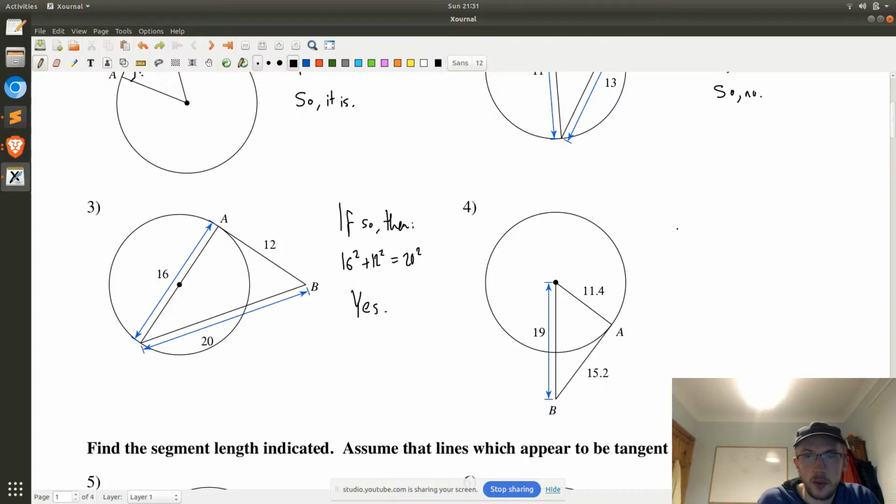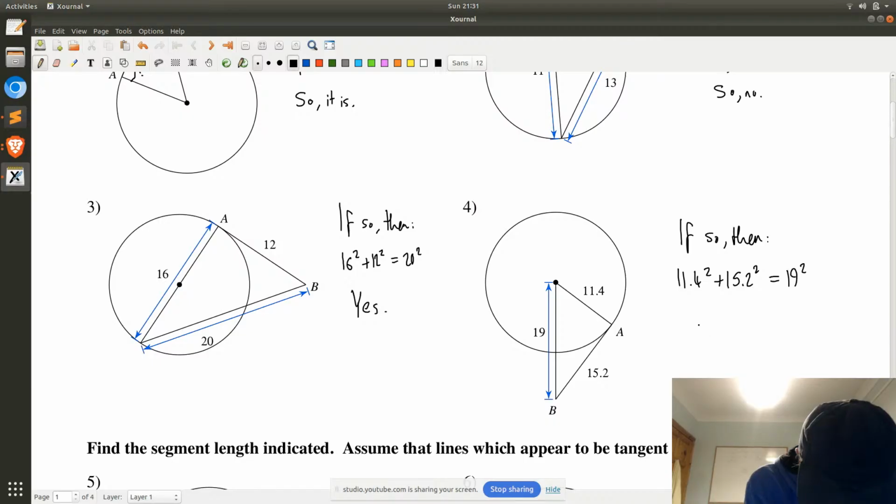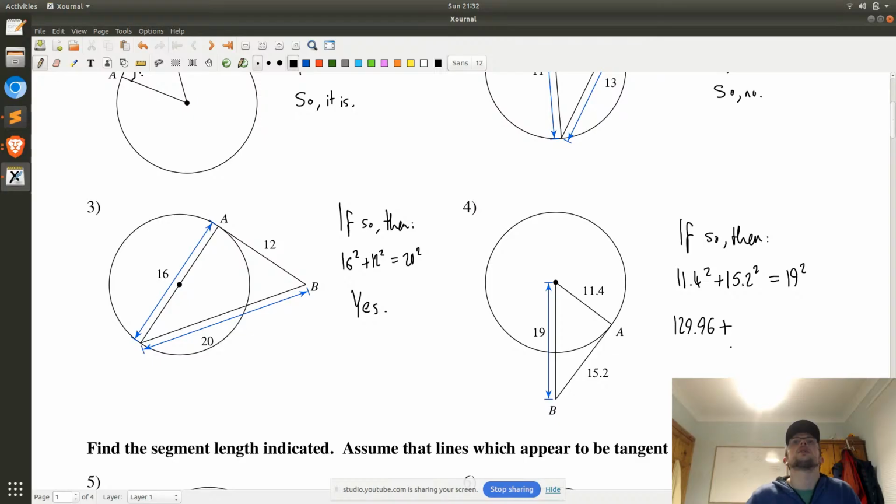And finally, if so, then 11.4 squared plus 15.2 squared would have to equal 19 squared. 11.4 squared is 129.96. 15.2 squared is 231.04.